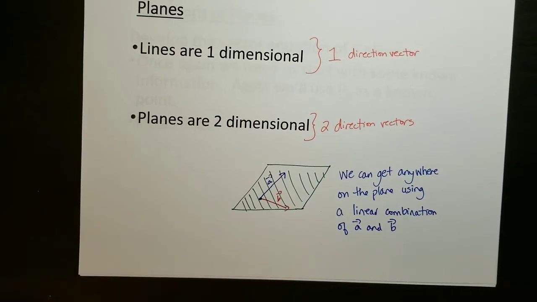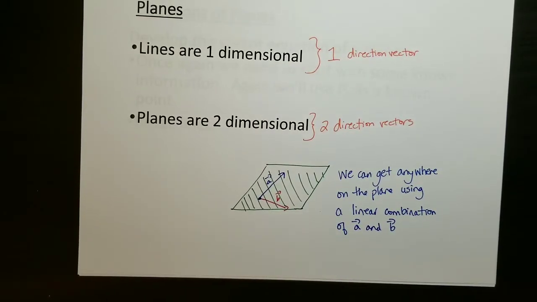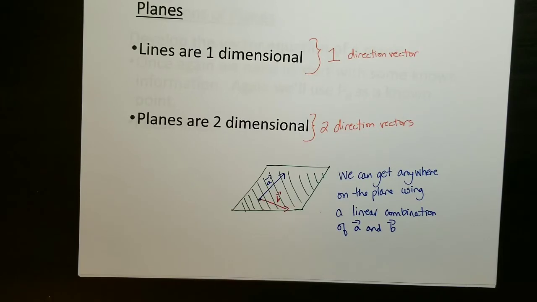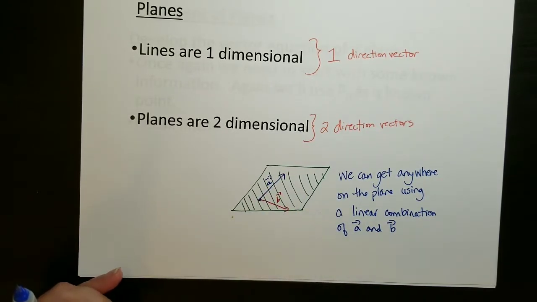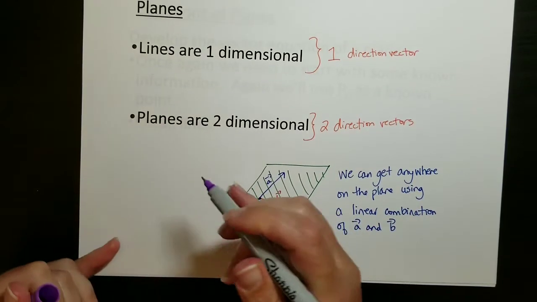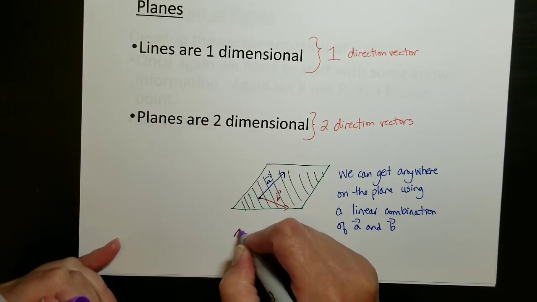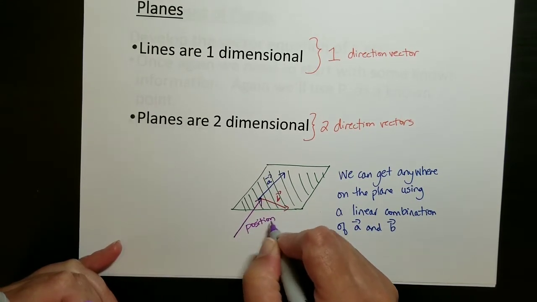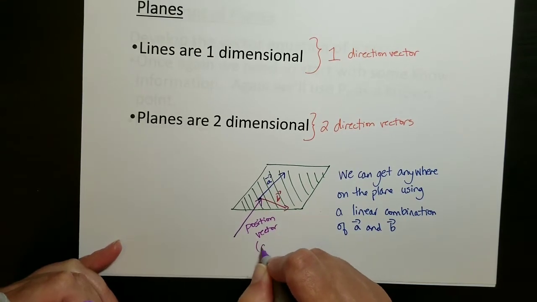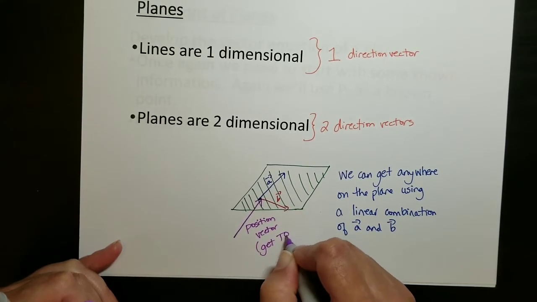Like the vector equation of a line, we're first going to need to get to the plane. So we have to find a point on the plane, and then we're going to use that to find a linear combination of these direction vectors that will get us to any other point on that plane. So here I'm going to have my position vector, like before, that gets to the plane.